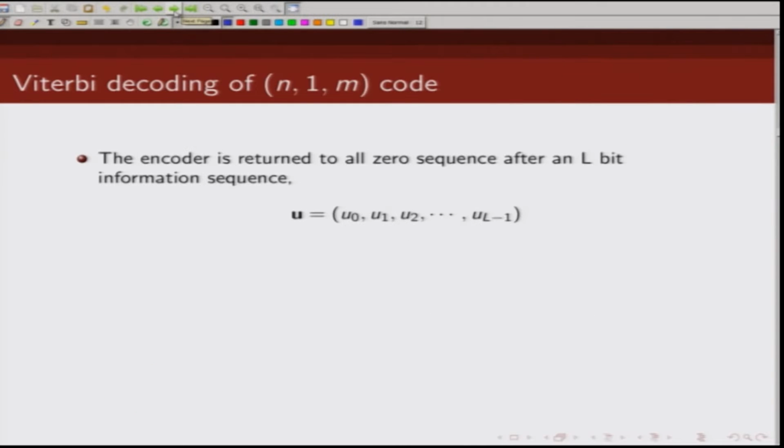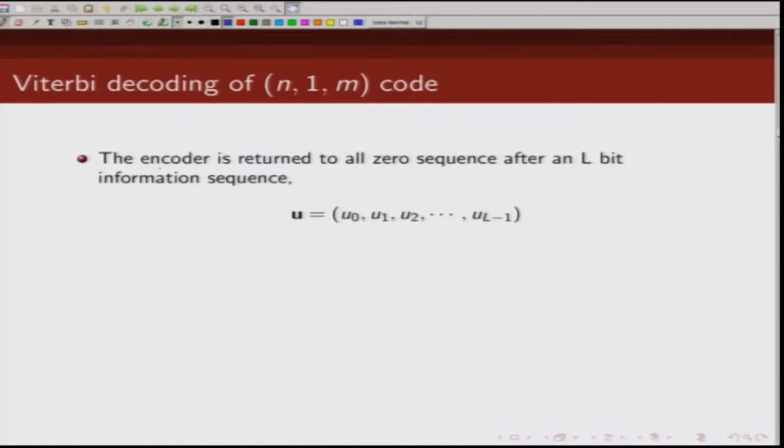Now usually after we encode the information sequence, we terminate the convolutional code. What do we mean by terminating the convolutional code? We bring the convolutional code back into all 0 state. So the encoder is typically returned to all 0 state after we have encoded our L bit sequence.